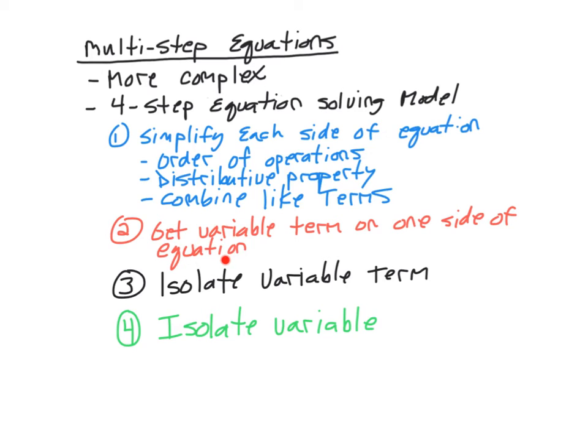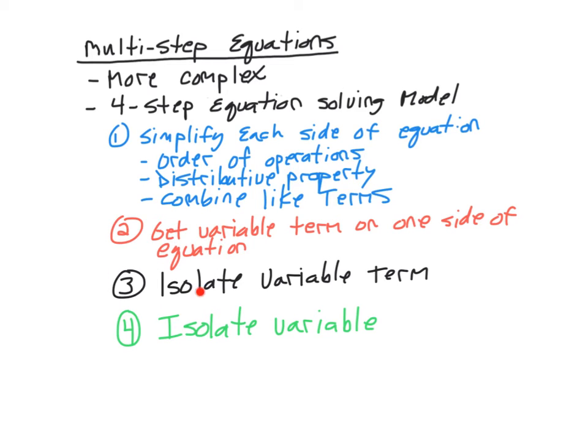side of the equation. A variable term would be something like 3x, negative 8x, 4x. That's a variable term. It could have a coefficient and a variable. So what we want to do is make sure that any variable term we have in our equation, we move them all to one side of the equation.